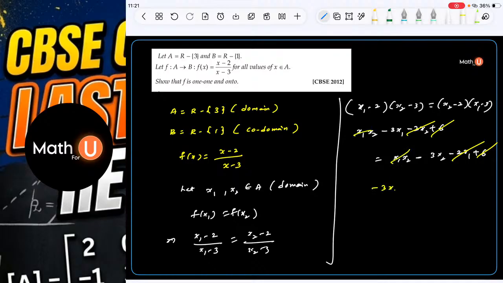We get minus 3x1 equal to minus 3x2, and x1 equal to x2. Therefore f is a 1-to-1 function.